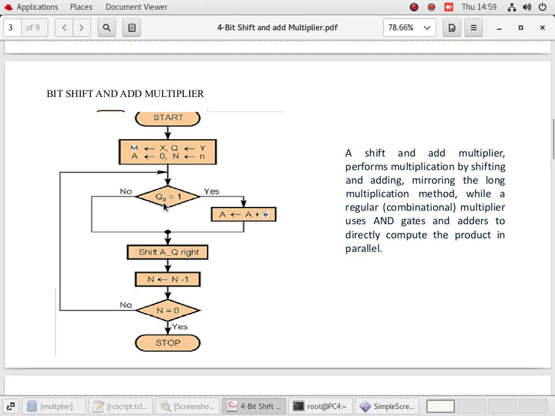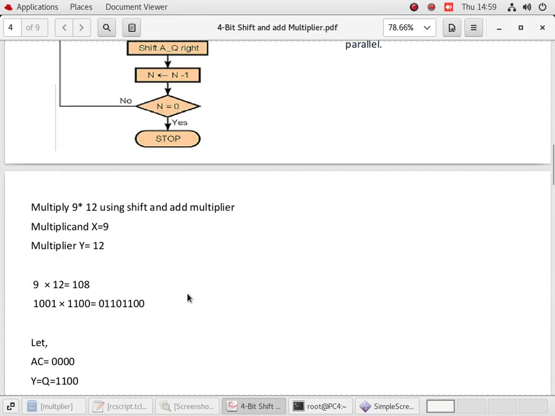If the q0 value is 0, then we don't have to add the accumulator to m. Directly we concatenate accumulator and q and right shift it. After this also the n value will be decremented. So for every cycle n is decremented, and finally when n becomes 0, it comes out of the loop.